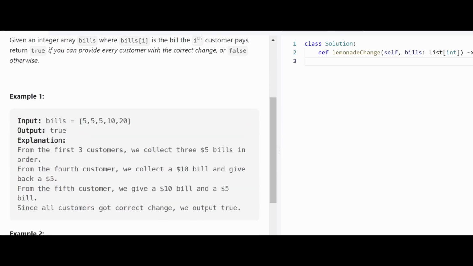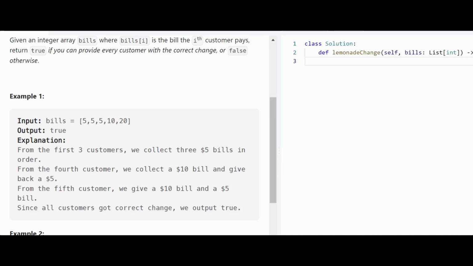So let's look at this example where you're given bills as 5, 5, 5, 10, and 20. So the answer is true because initially we have three customers giving you a $5 bill in return for a lemonade, right?